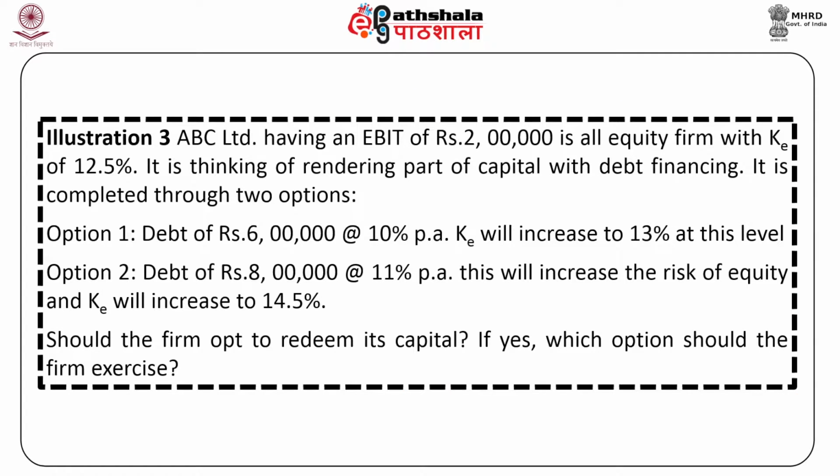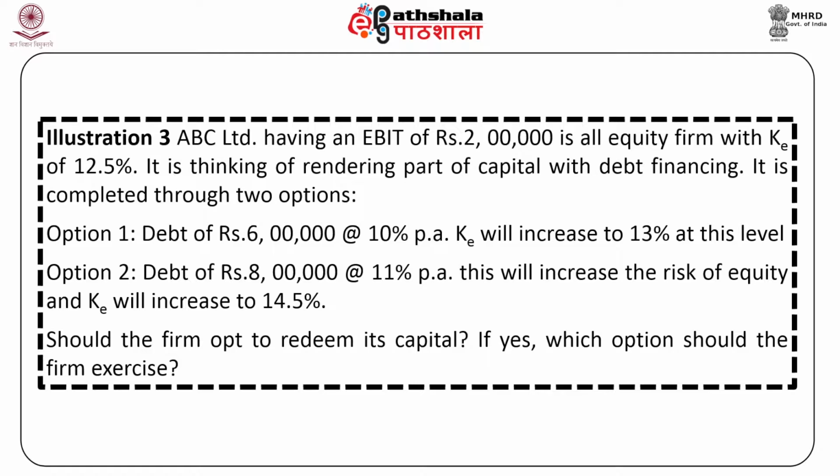ABC Limited, having an EBIT of 2 lakhs, is an all equity firm with KE of 12.5%. It is thinking of redeeming part of its capital with debt financing. It is considering two options. Option 1, debt of 6 lakhs at 10% per annum.